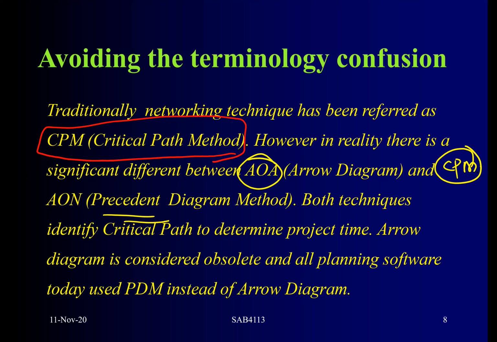Whereas the critical path method is only a calculation method. You can apply those calculation methods in an AOA diagram or even in a PDM diagram. The difference is that one is meant for calculation, and the diagram is just meant for the graphic representation of what we call a scheduling technique.